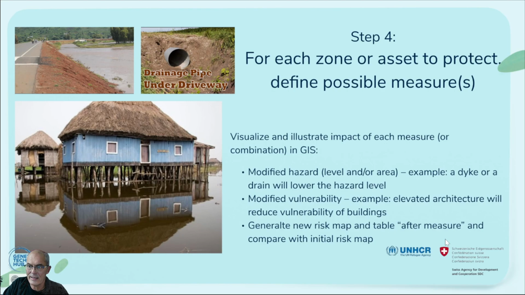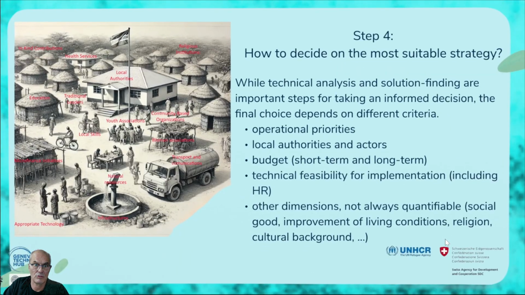This is the idea behind it. So you redo the workflow, you redo the hazard mapping, and with the mitigation measure implemented, at least on paper, you see if it really makes sense or not.